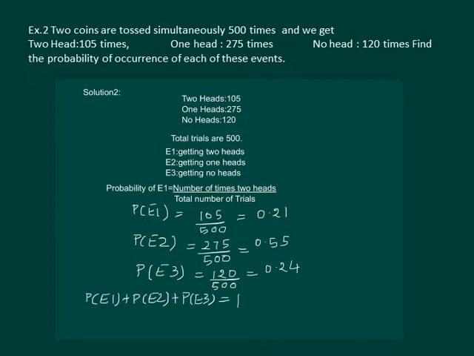Also, on adding P of E1, probability of E2 and probability of E3, it comes out to be 1, showing that E1, E2 and E3, the three events, cover all the possible outcomes of the experiment of tossing two coins.